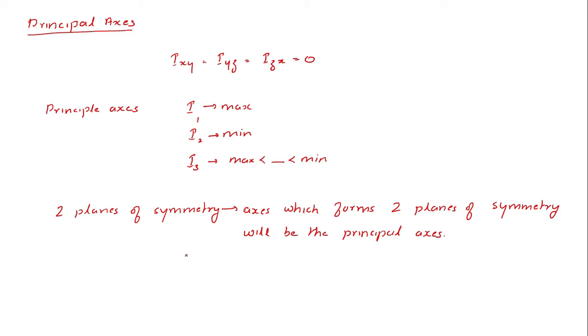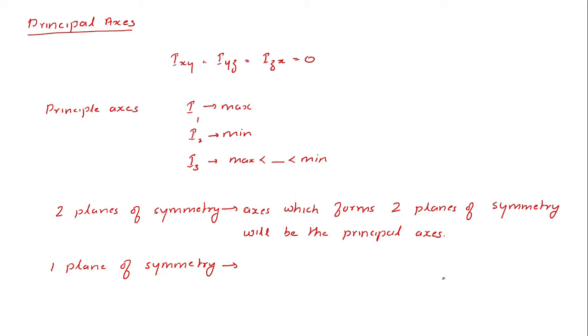Now, if there is only one plane of symmetry, in that case, with respect to a point, in that case, the products of inertia between the axis normal to the plane of symmetry and any axis in the plane must be 0.